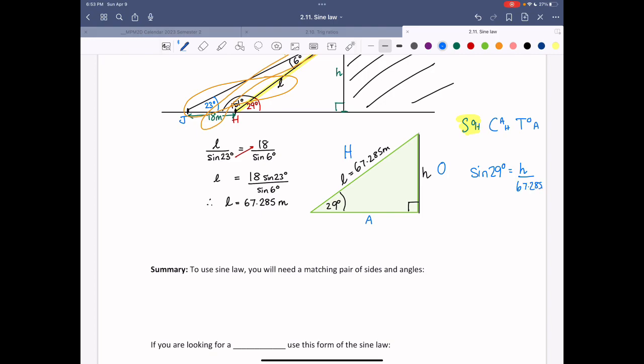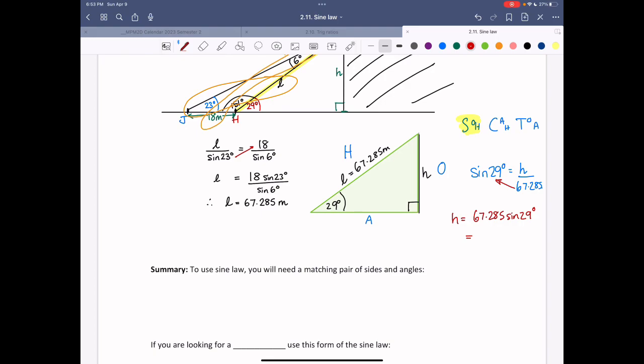Now I actually left that 67.285 unrounded in my calculator in front of me. I didn't press clear because I now know that I'm going to cross multiply this. So my h is simply going to be 67.285 times sine of 29. So leaving it in my calculator, I can just hit multiply sine 29.